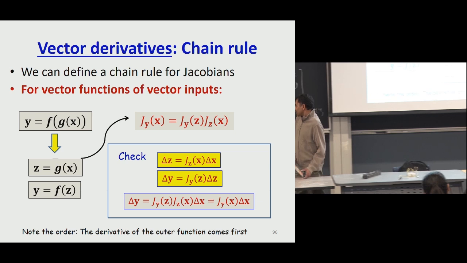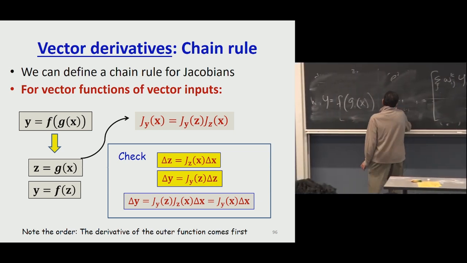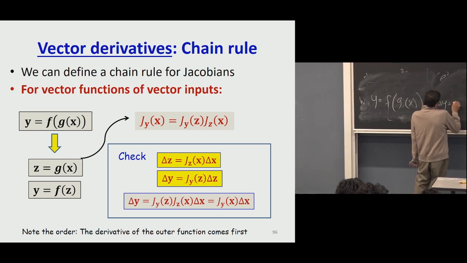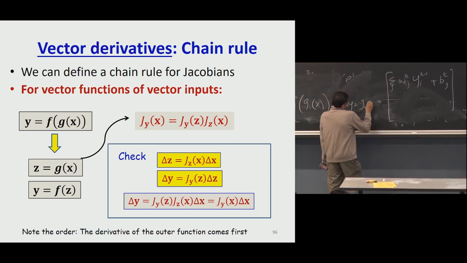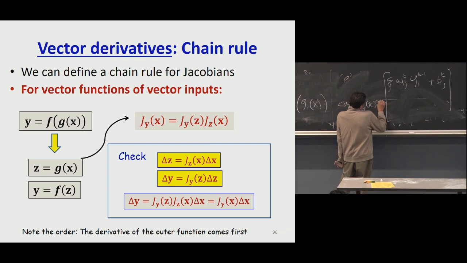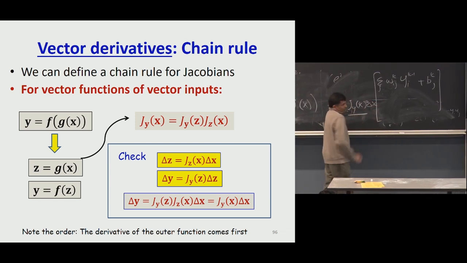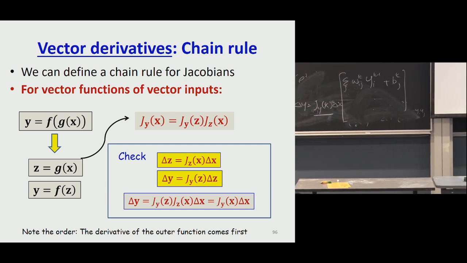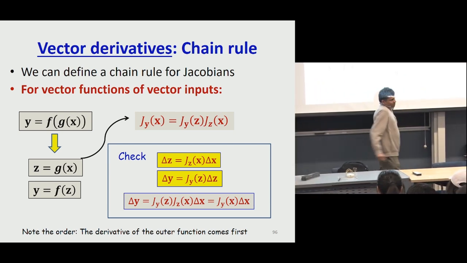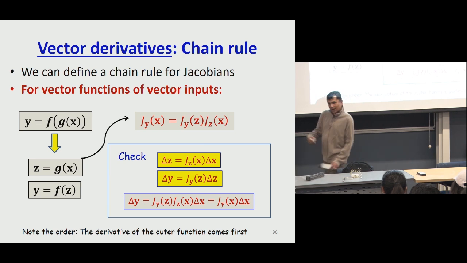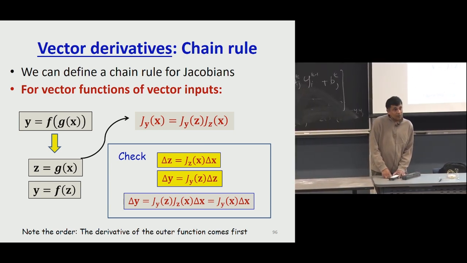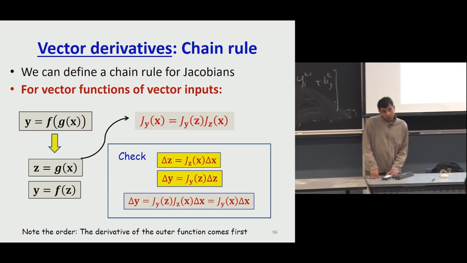So now if I write delta y equals the Jacobian of y with respect to x times delta x, what is the Jacobian of y with respect to x? It's simply going to be this product, right? Again, the chain rule works very cleanly. But when you're looking at the chain rule, there's something important.